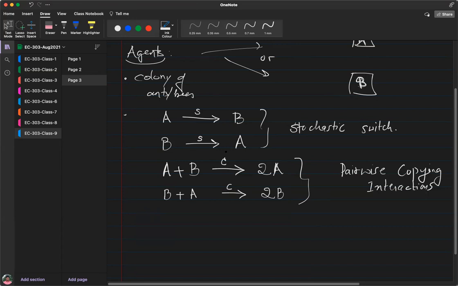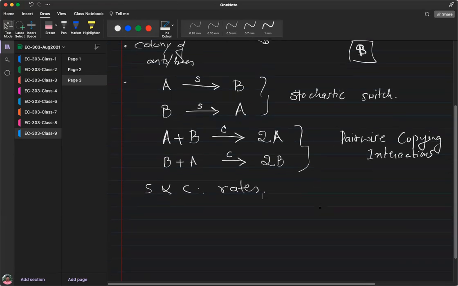But you can also limit them between 0 and 1, no problem. So you can say S and C are rates. Any other questions?